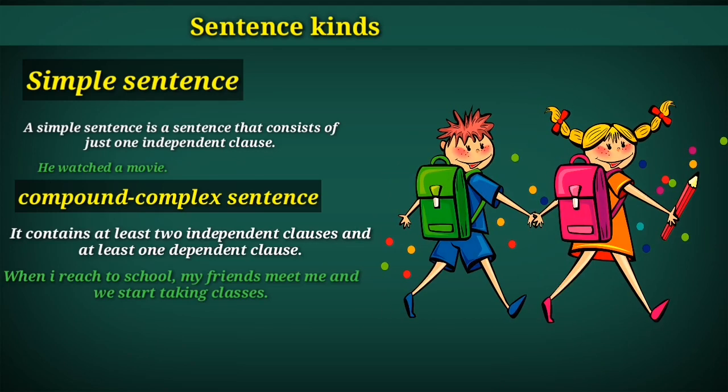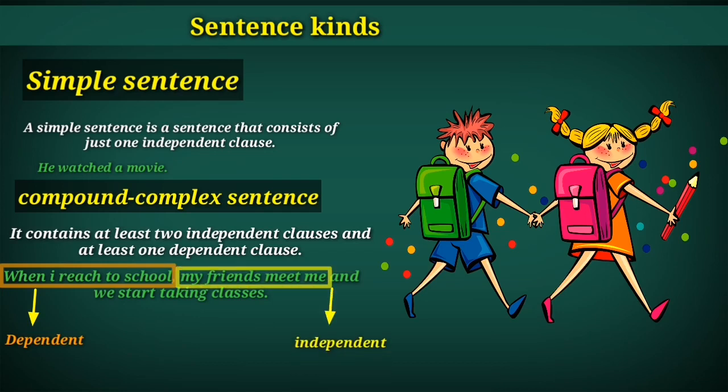This one is a compound complex sentence because it has one dependent clause, that is, when I reach school, and two independent clauses: my friends meet me, and the second independent clause is we start taking classes. So this is a compound complex sentence.